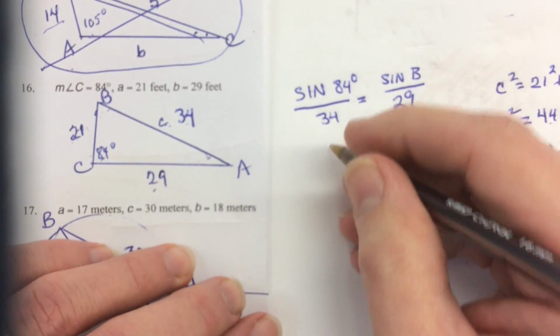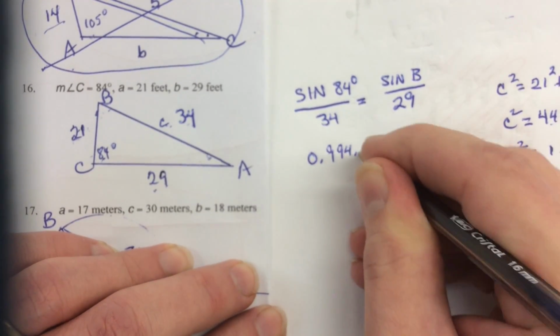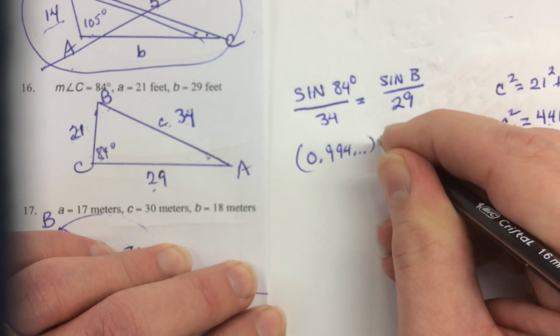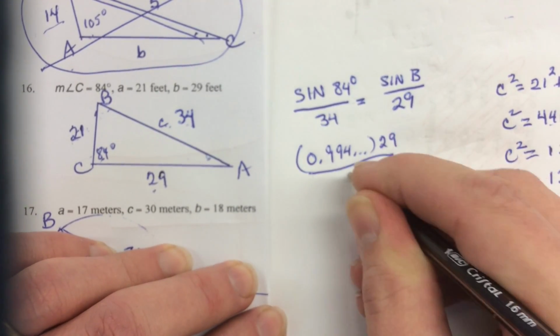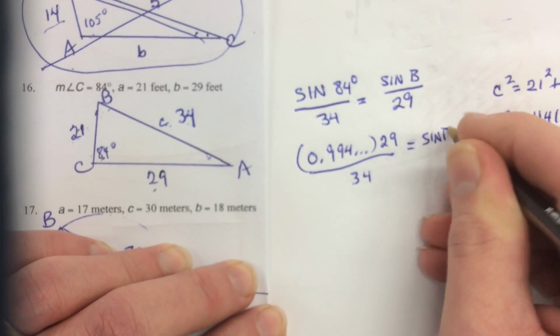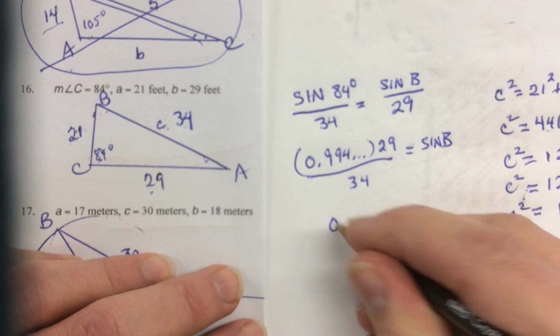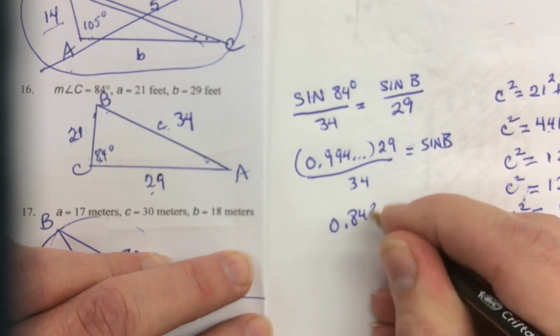The sine of 84 degrees is 0.994 something. If we multiply that by 29, divide it by 34, that will give us the sine of b, and you get 0.848 something.